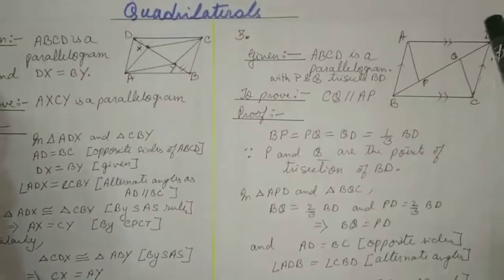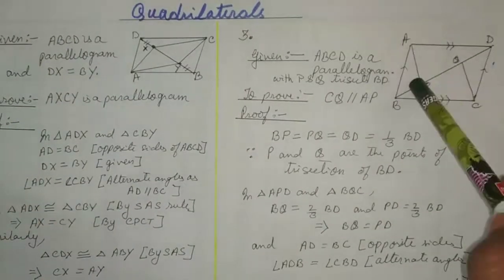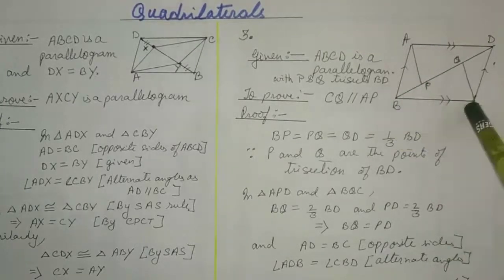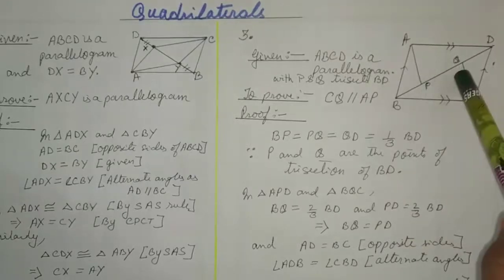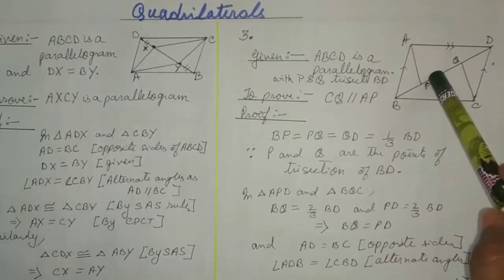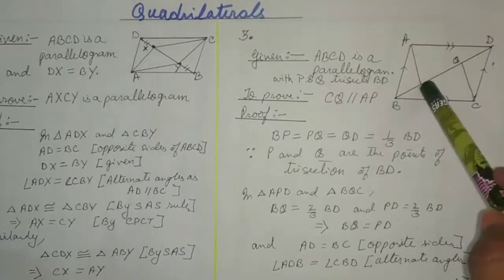I would like to repeat it once again. In triangle ADP and triangle BQC, AD and BC are equal, we know. P and Q are the trisection points, so BQ is 2/3 of BD. Similarly, DP is also 2/3 of BD. So we know that BQ and PD are equal.